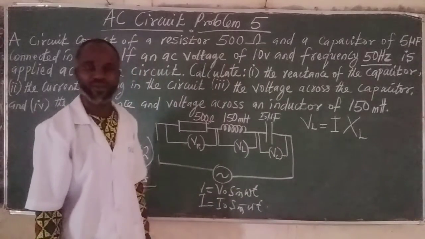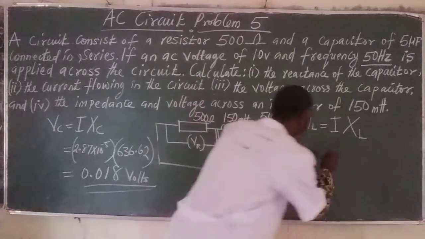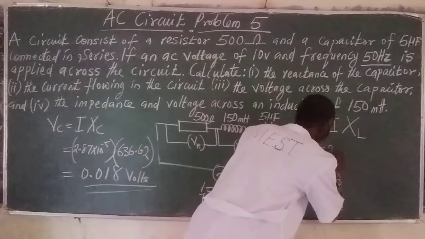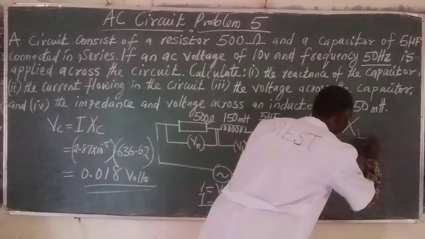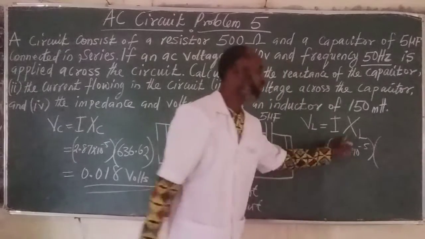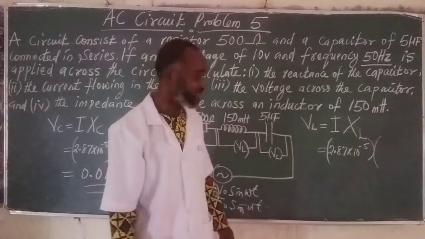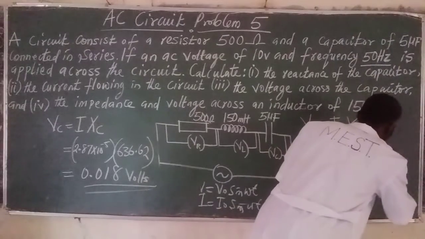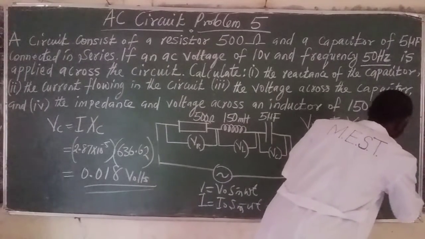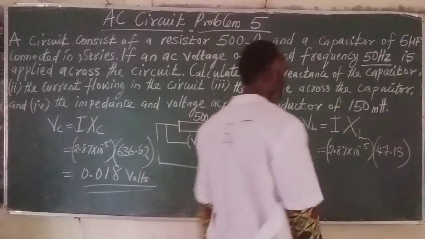Very simple. We have the current already given as 2.87 times 10 raised to the power minus 5, and the inductive reactance is given as 47.13.